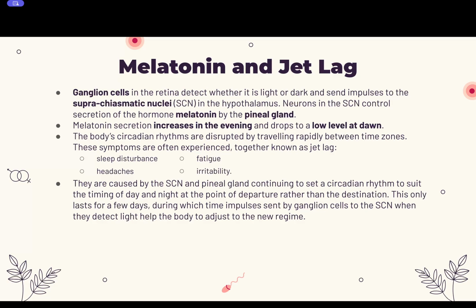This will only last for a few days, during which time your suprachiasmatic nuclei and your pineal gland will get used to the new regime, because your ganglion cells will detect the lightness or darkness around you and therefore adjust the circadian rhythm accordingly.